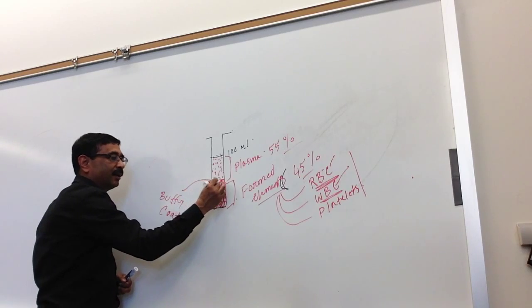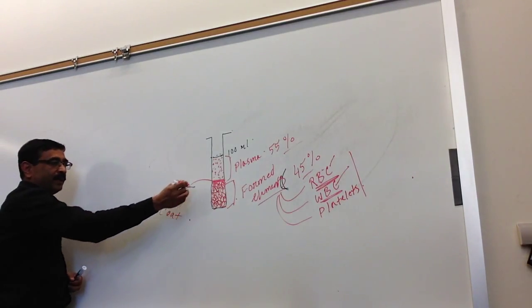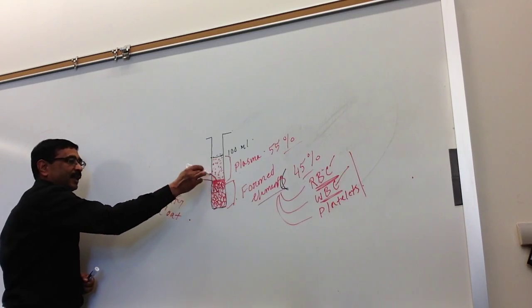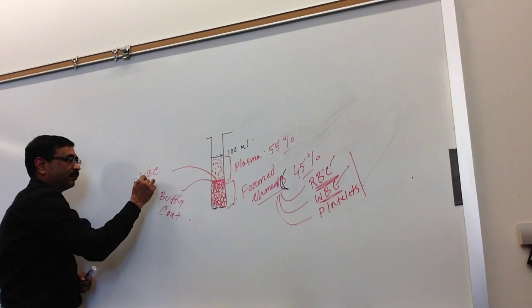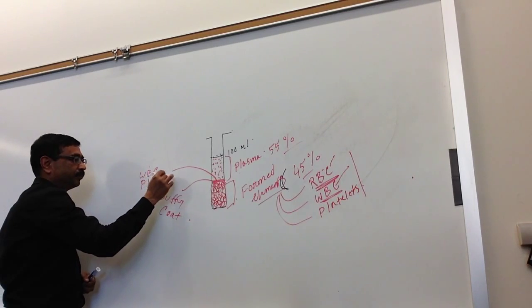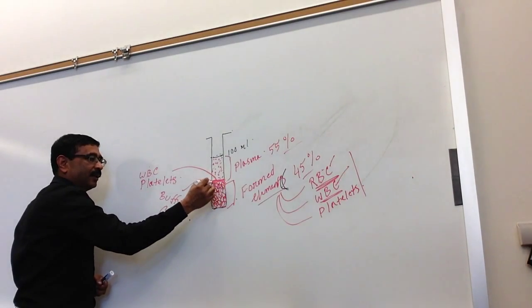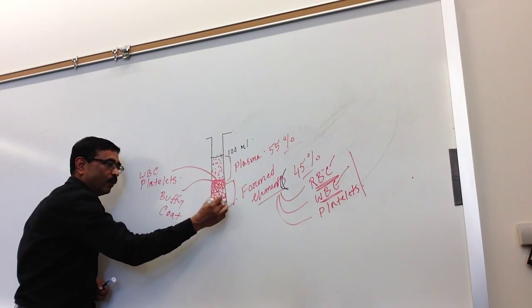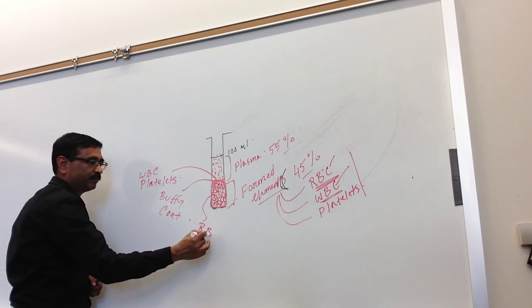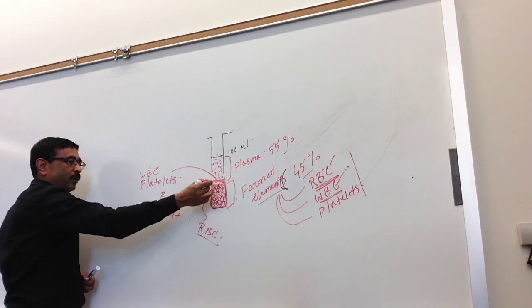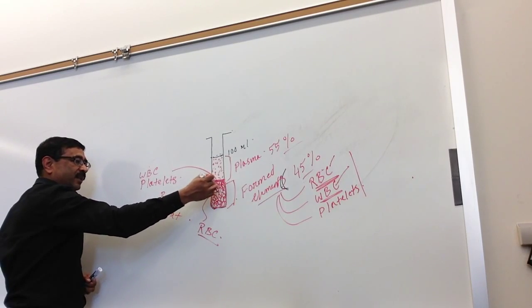A thin white layer is formed here, and this is actually formed by white blood cells and platelets. Only this part. And this whole part here is formed by red blood cells, because we know that the number of red blood cells is much higher than the white blood cells and platelets.